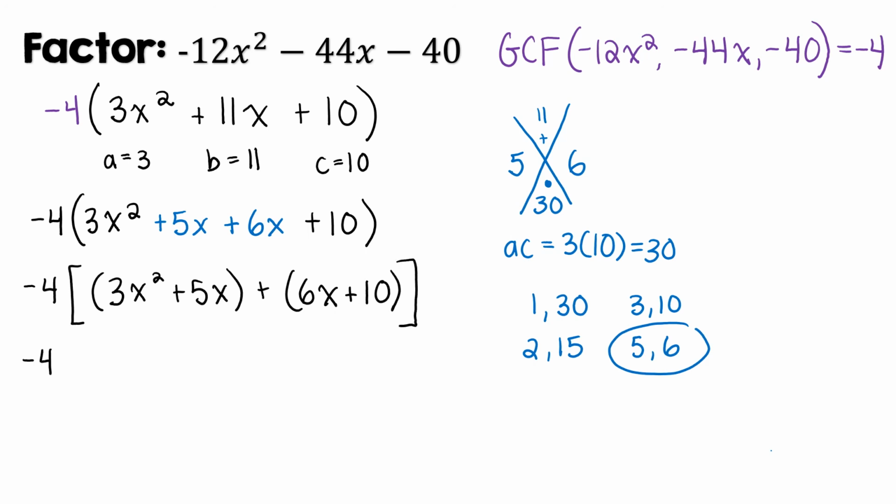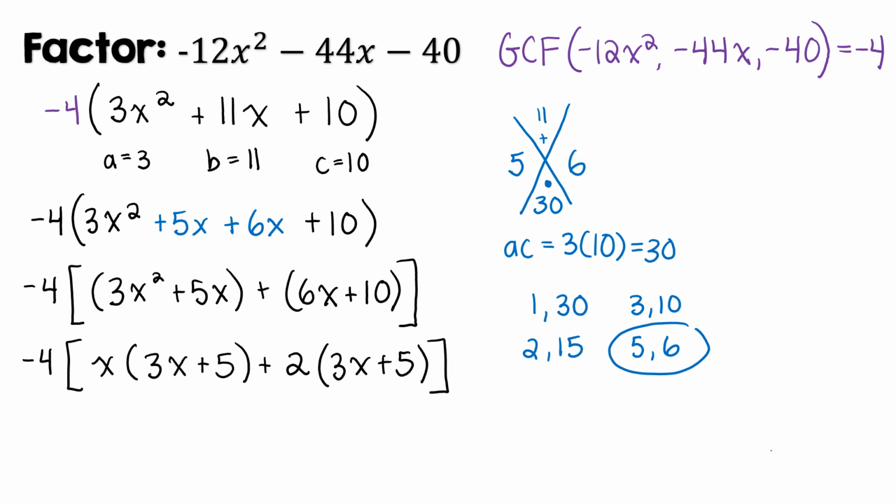So I have negative 4 times the greatest common factor between 3x squared and 5x is x. So I have x times 3x plus 5 remains there, plus the greatest common factor between 6x and 10 is 2, and I'm left with 3x plus 5 in that group.